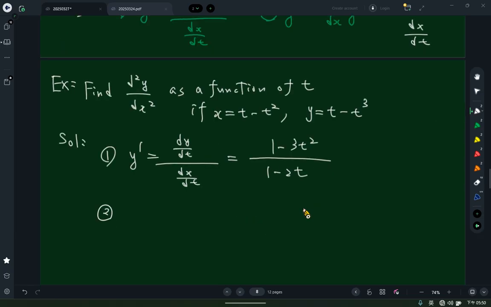Okay, then if we want to continue to get the second order, then we need to differentiate y prime so that we can have dy prime over dt, ds over dt.